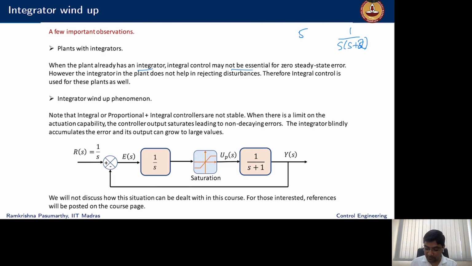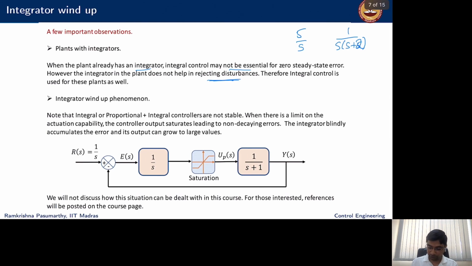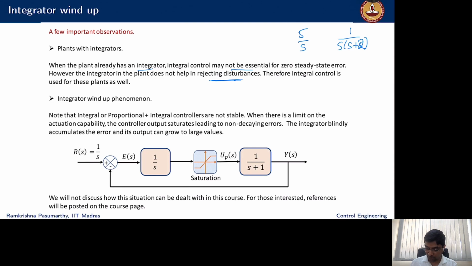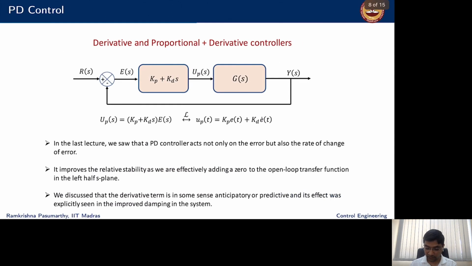However, in that case there was a constant disturbance, so we wanted the controller to have an integrator component instead of the plant for perfectly rejecting disturbances. And the second thing which we will see here is the integrator windup phenomenon. We'll visit this again after we discuss other aspects, so we'll spend a little more time on this a little later.